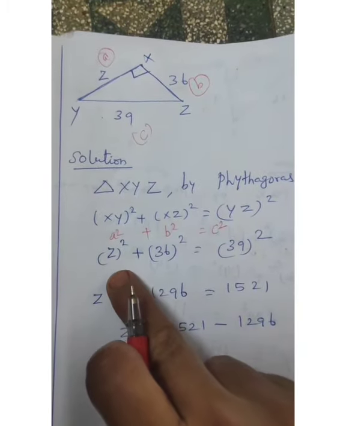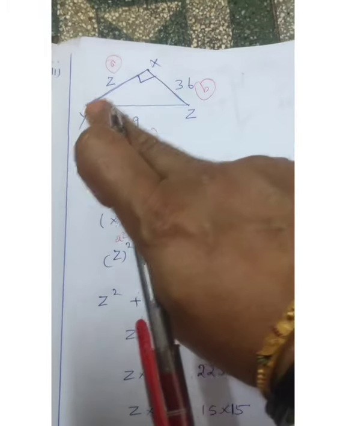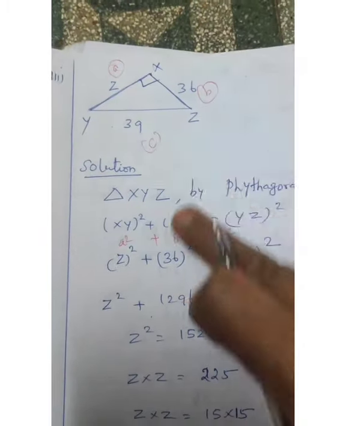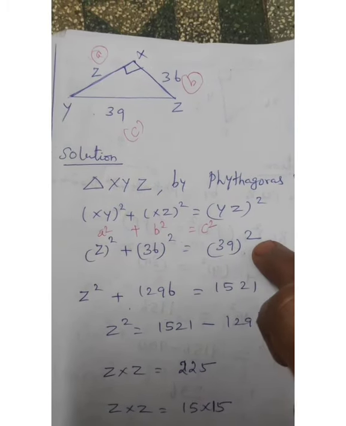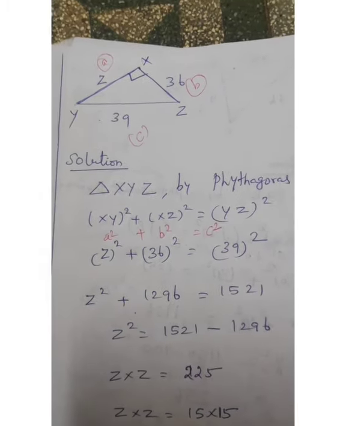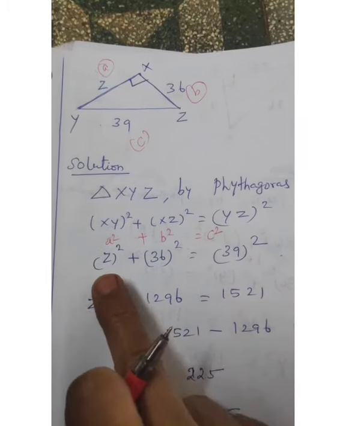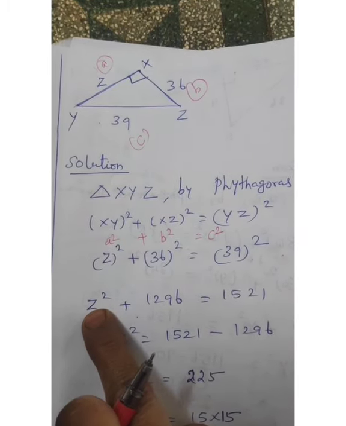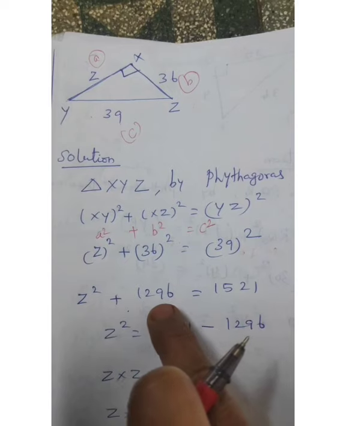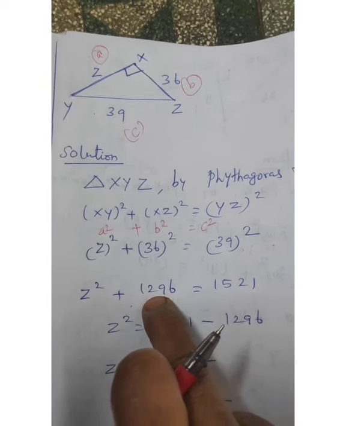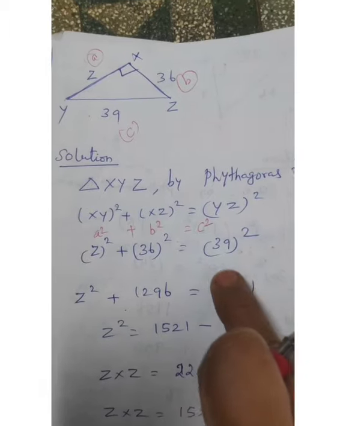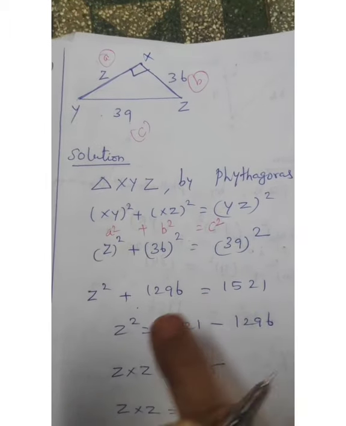A value equal to Z, whole squared. B value equal to 36, whole squared, is equal to 39 whole squared. Z squared plus 36 times 36, which is 1296, equals 1521.